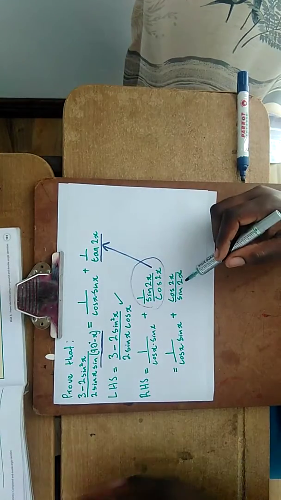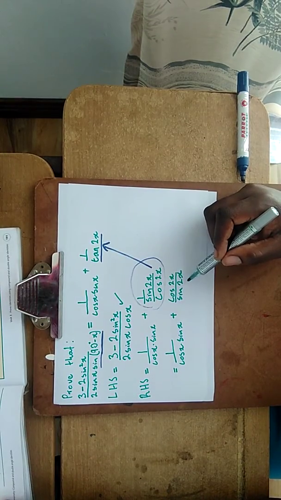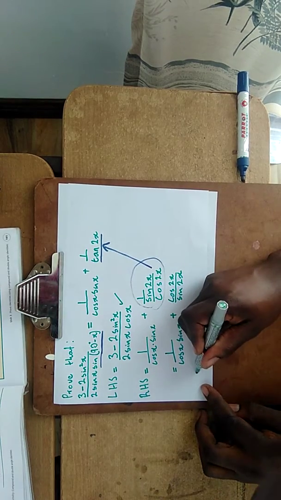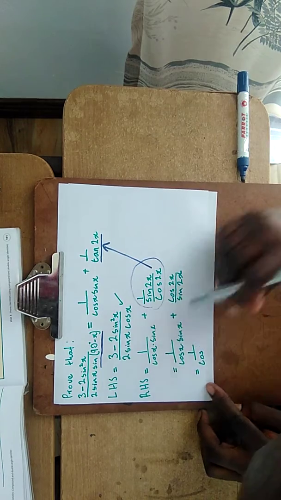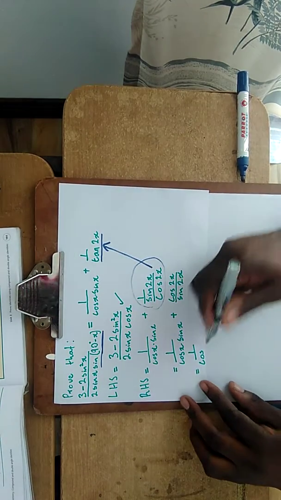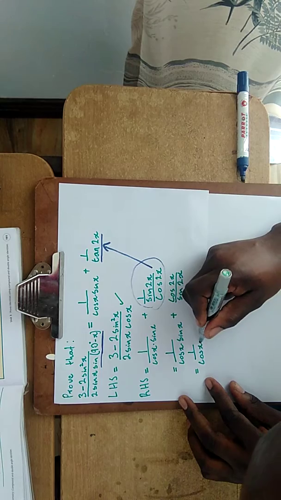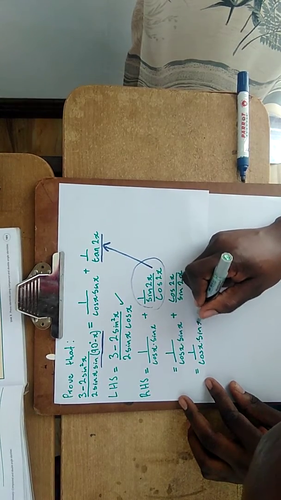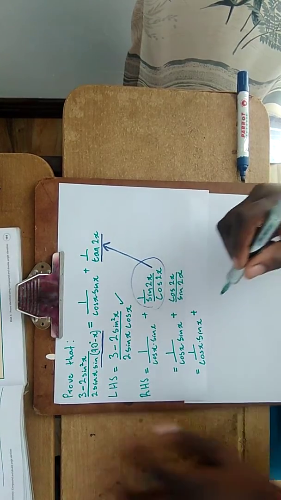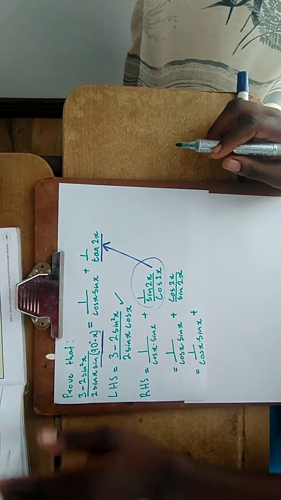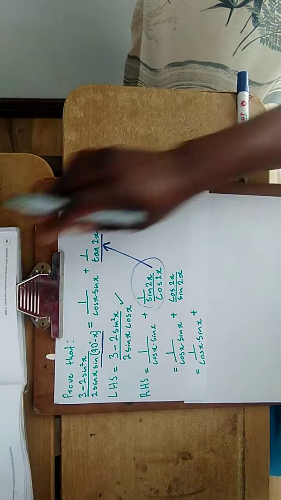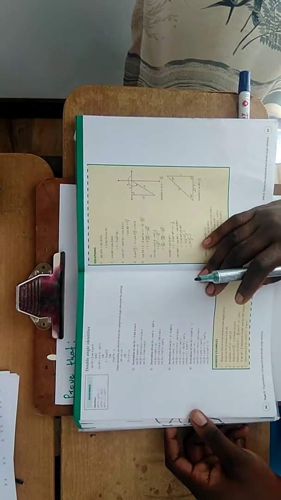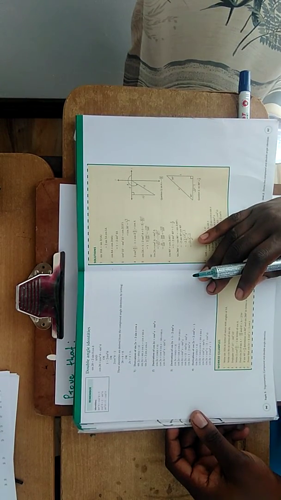Therefore, we can change our cos 2x and sine 2x. 1 over cos x sine x plus, so we must change our cos 2x and sine 2x. So we go to our double angle formulas or double angle identities.